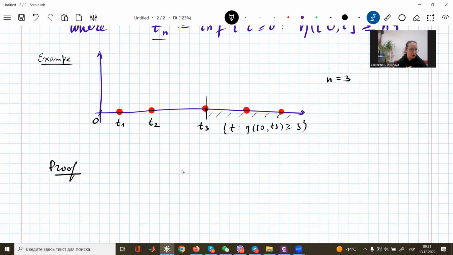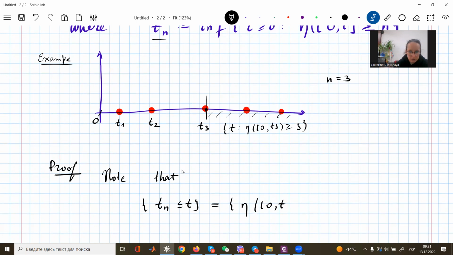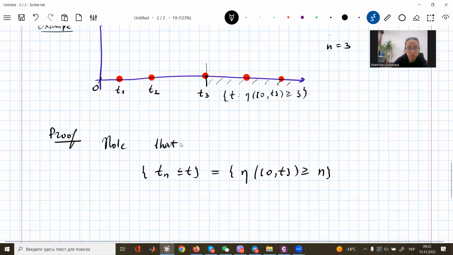So first of all, let us note that we have that Tn is less than T is the same event as eta of 0 T greater or equal than n. Indeed, we just can consider the omega from one subset.